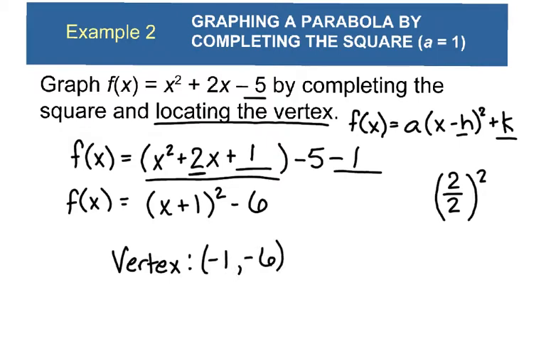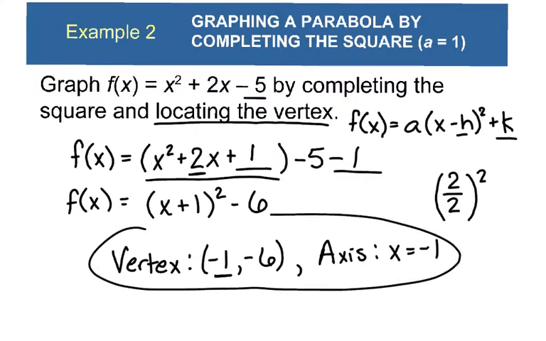And if we're asked to find the axis of symmetry, just note that the axis of symmetry is the x value in our vertex. So the axis is at x equals -1. So there you go.